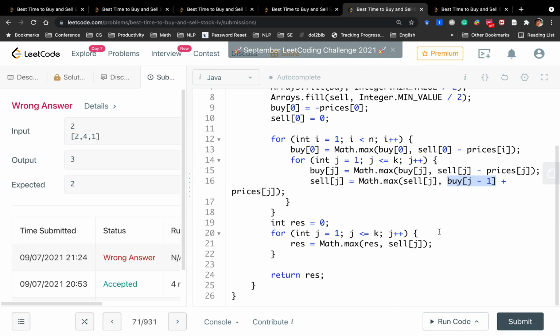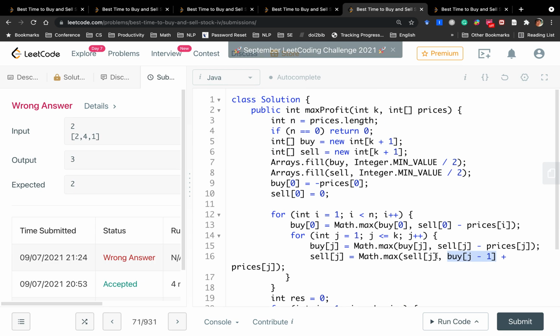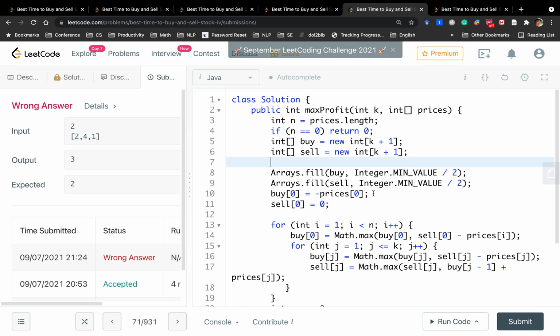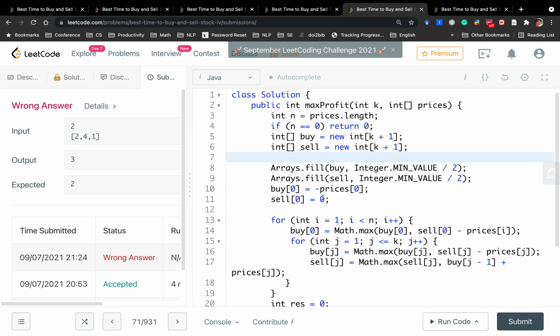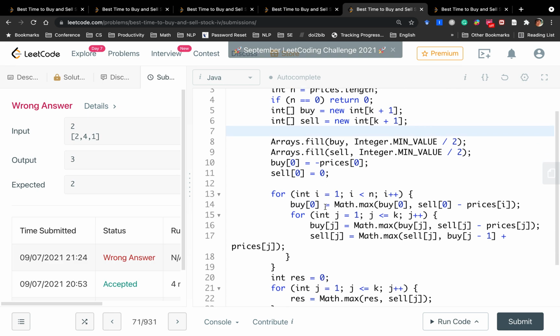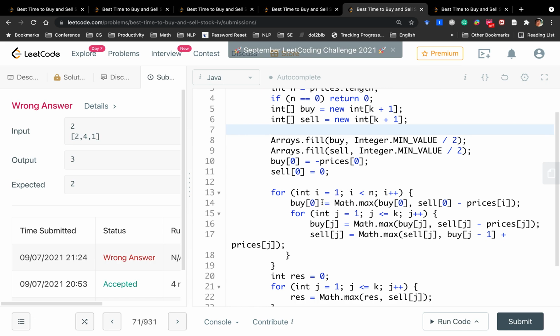And okay, we have some mistakes. Let me check. Buy 0 is negative prices 0, sell 0 is 0. Correct.